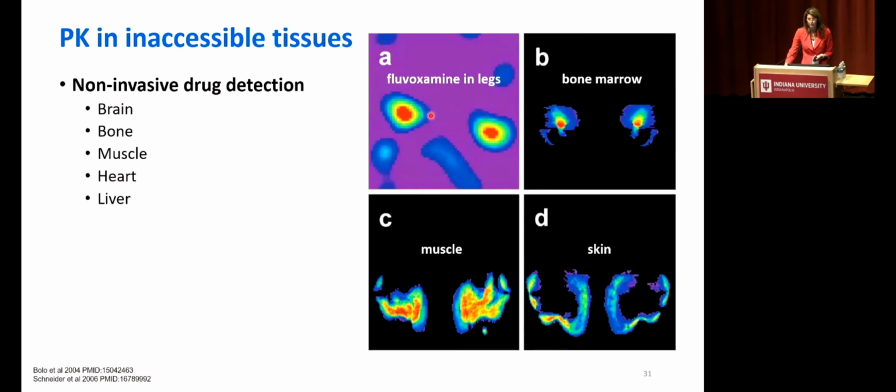So this here is the fluorine spectrum, and you can see that these red areas represent the strongest fluorine signal. And if you superimpose that on other compartments, these are anatomical images, it becomes easy to see that this fluvoxamine is most closely aligned with the bone marrow.